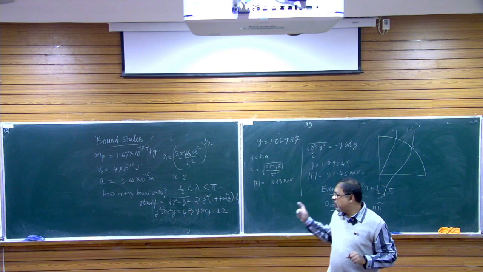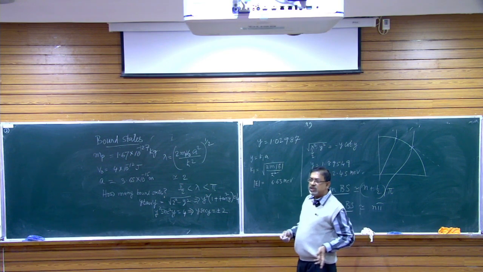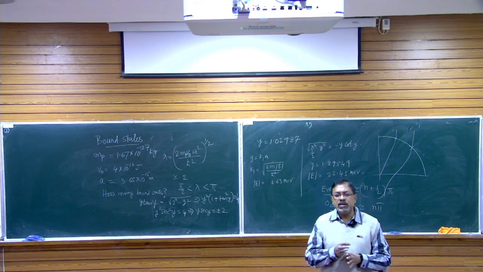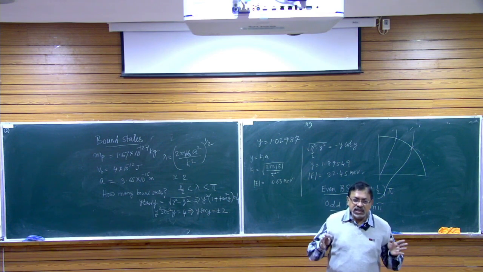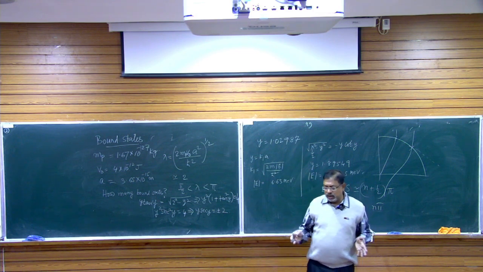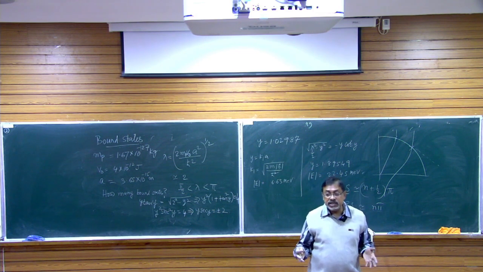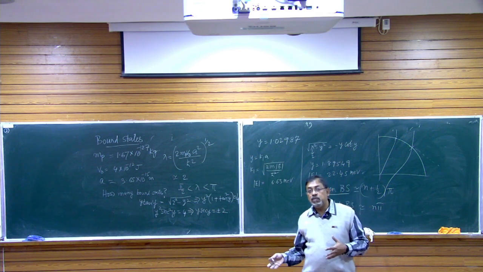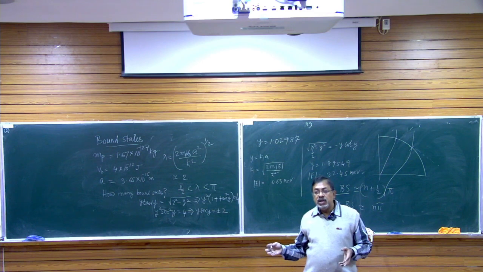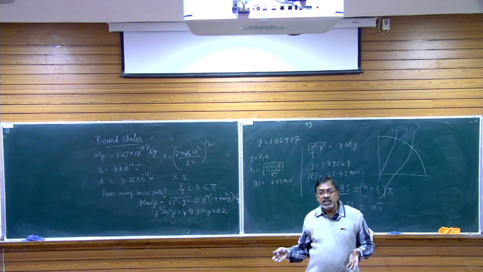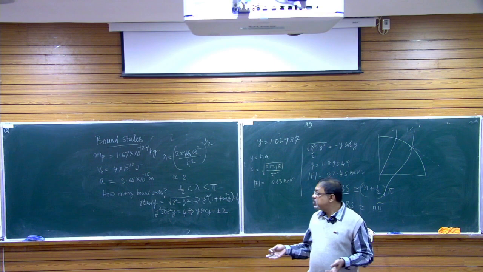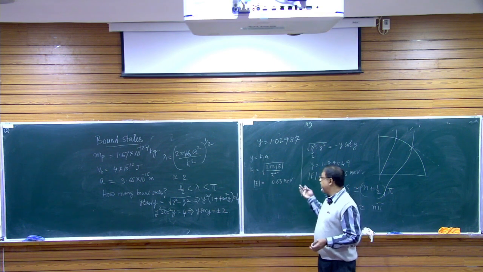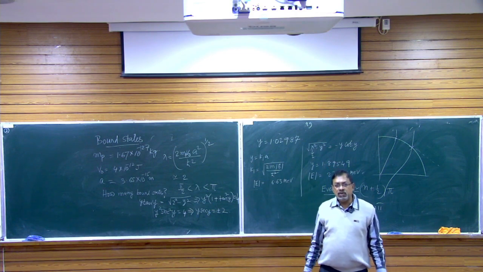This is how we calculate the bound states, and this bound state discussion mostly concerns the nature of the eigen solutions, whether they are even bound states or odd bound states. So we have found that there are even bound states and odd bound states, and their energies for a given problem.